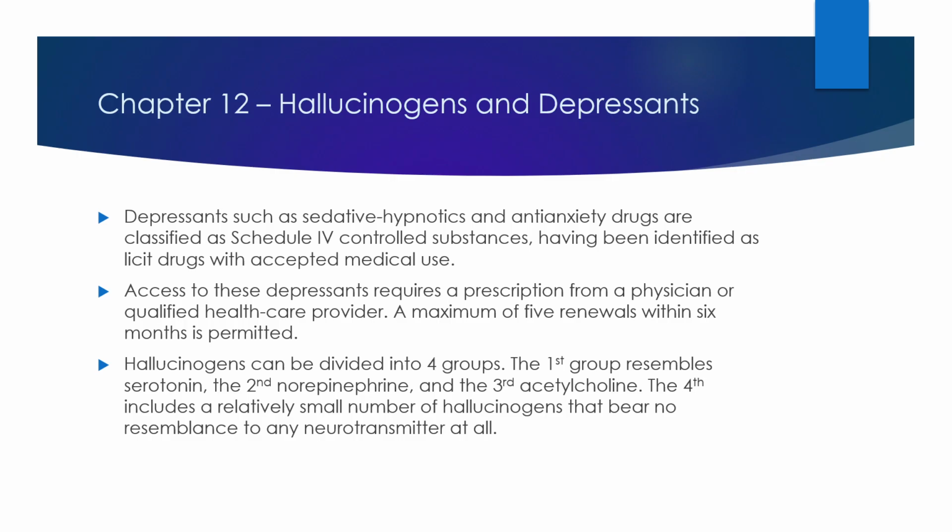And finally, the third, acetylcholine. Now there's a 4th group, which is basically a miscellaneous group, a small number of hallucinogens that don't have a chemical structure similar to one of these neurotransmitters. They still have hallucinogenic effects, but they don't look like these neurotransmitters at all. So they end up in a miscellaneous 4th category.